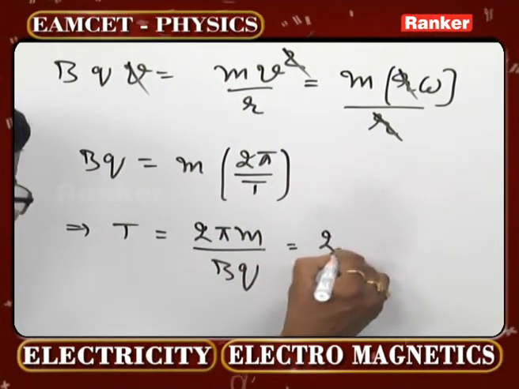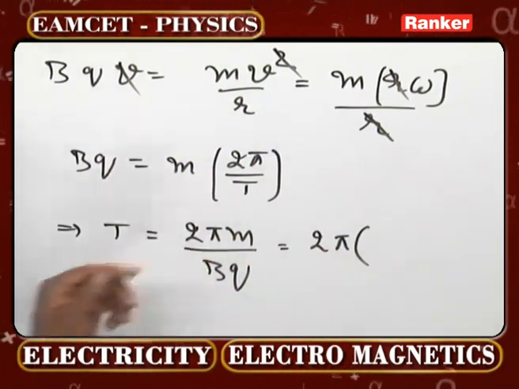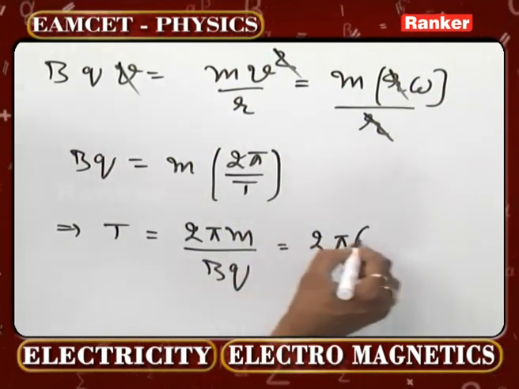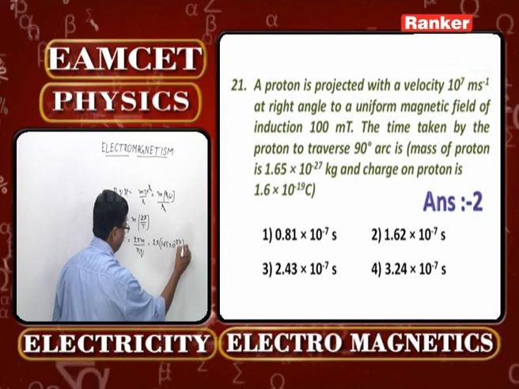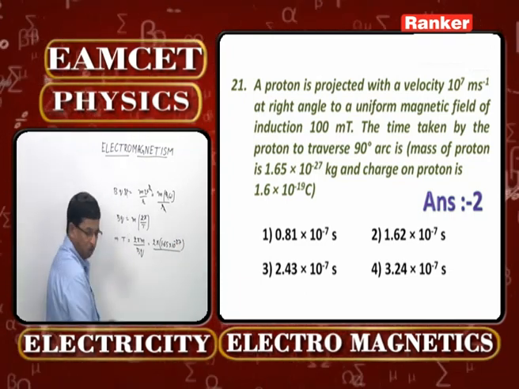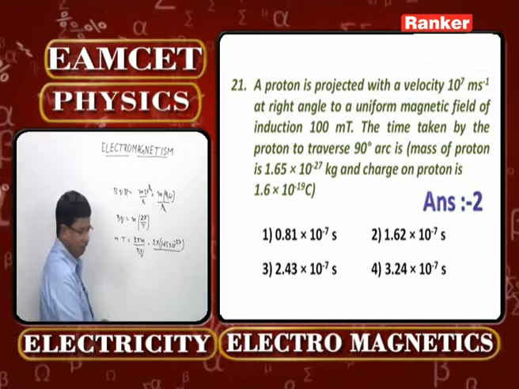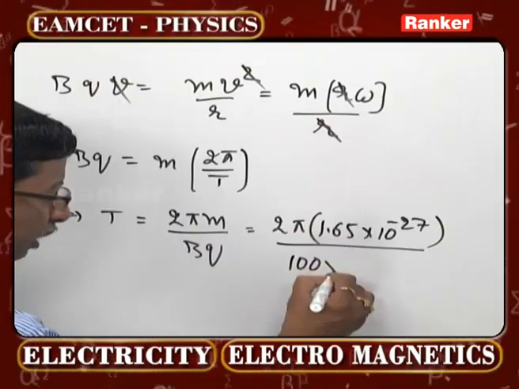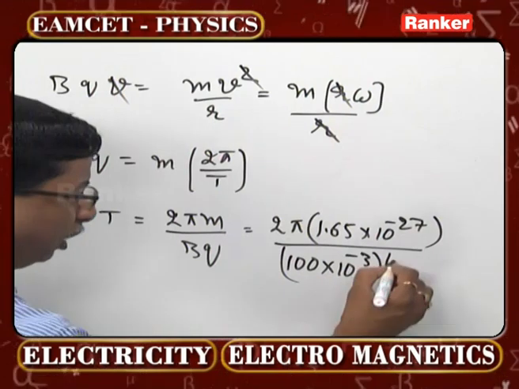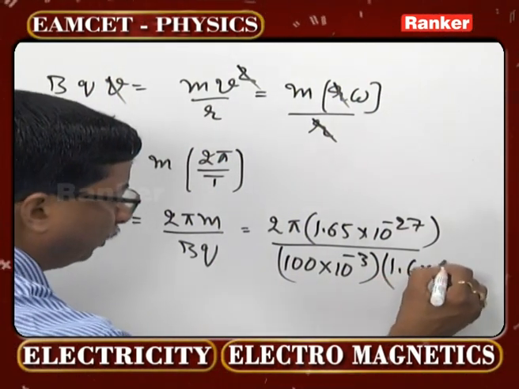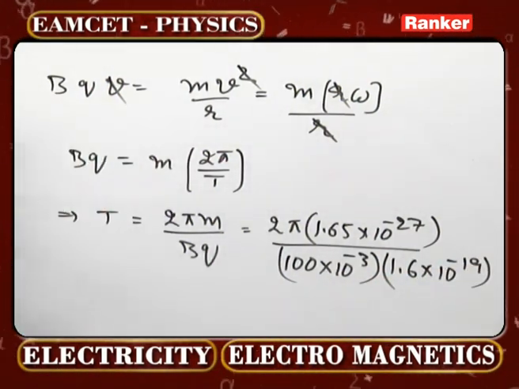Now what are the values he has given? You see there. What is the mass of that particular particle given? 1.65 into 10 power minus 27, divided by, what is the magnetic field given over there? 100 millitesla. Milli is 10 power minus 3. What is the charge on a proton? 1.6 into 10 power minus 19.